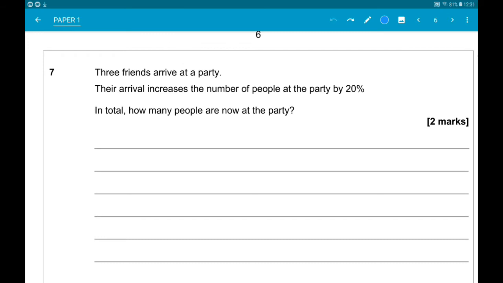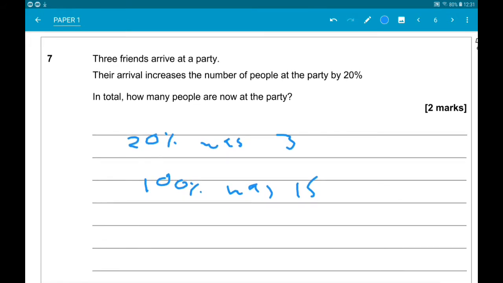So what we know then is that 20% of the people that were there is 3. Now we can find 100% by multiplying by 5. So 100% was 15. So now there are 18.